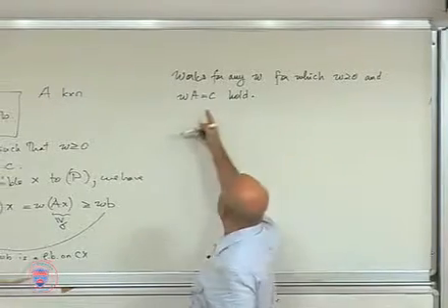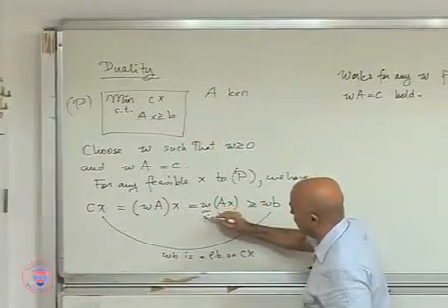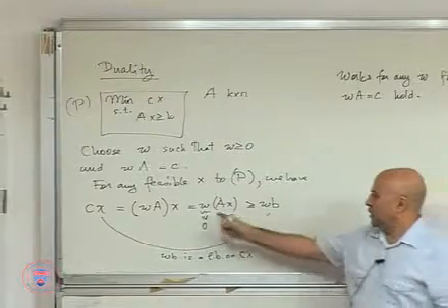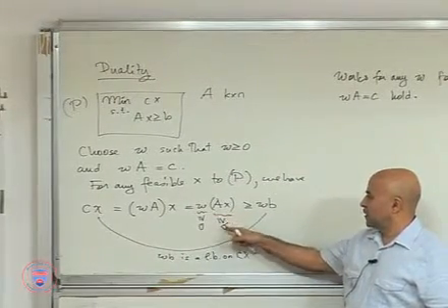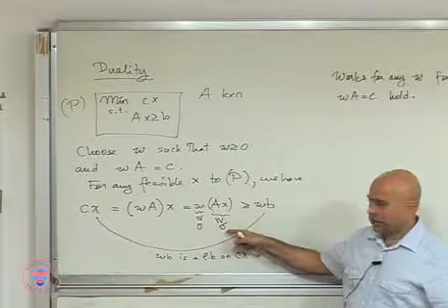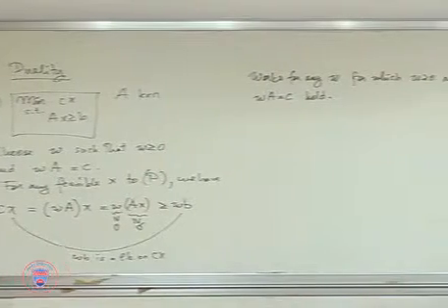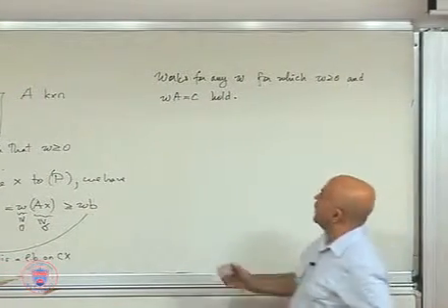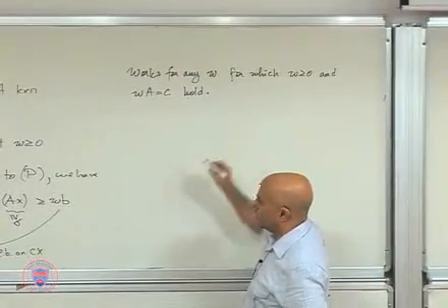By the way, where do we use W greater than or equal to 0? We use it also here. Maybe we should add that here. A non-negative vector times another non-negative vector, which is greater than or equal to some other vector, will give you that inequality. It's just the dot product of two non-negative vectors. Okay. All right, so this works for any W for which these two conditions hold.